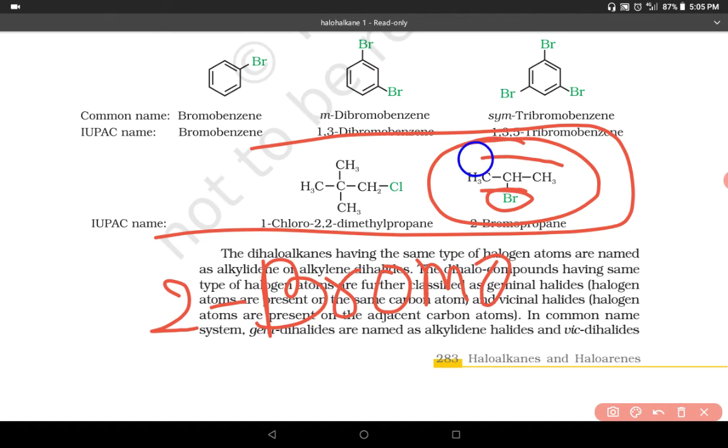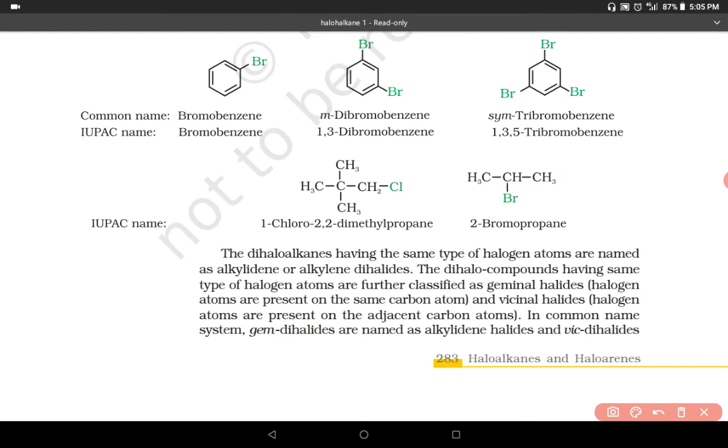And what is this alkyl name? 1, 2, 3. 3 carbons are there. Propyl. Why? Because one hydrogen is removed, so it is called propyl. But in IUPAC name we write the alkane name, so propane. Clear with that? Let's check. Yes, 2-bromopropane. We got the same answer.